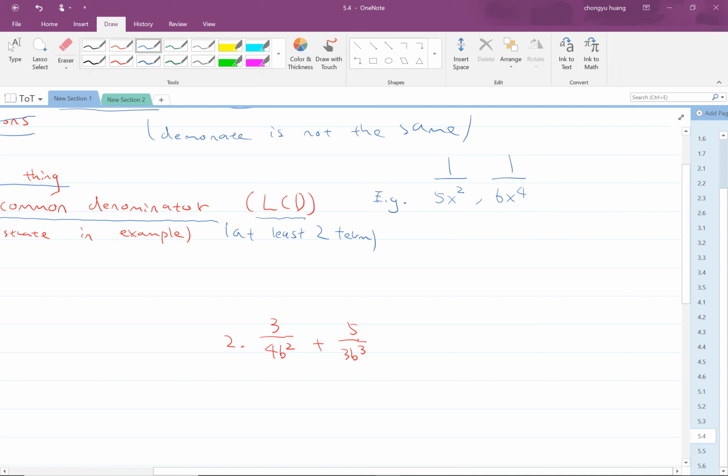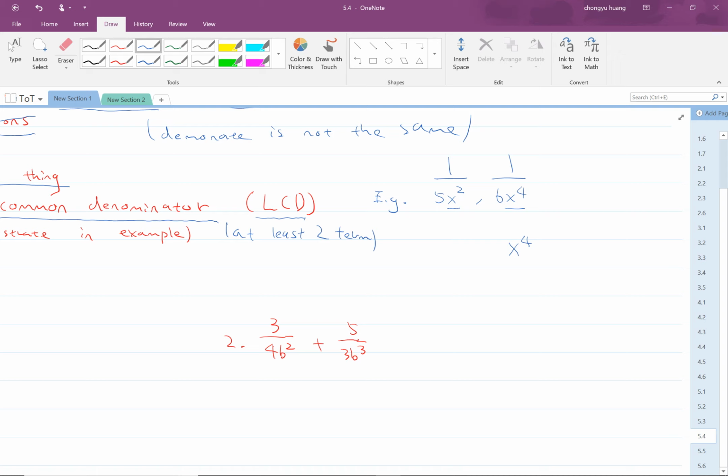So let's focus on the variable first. Here we have x squared and another x to the power 4th. Obviously the least common one will be x to the power 4th. It cannot be x to the power 2, because we want to find the least common denominator, so it has to be a common one.